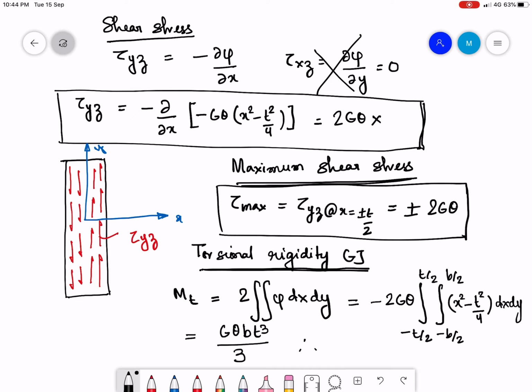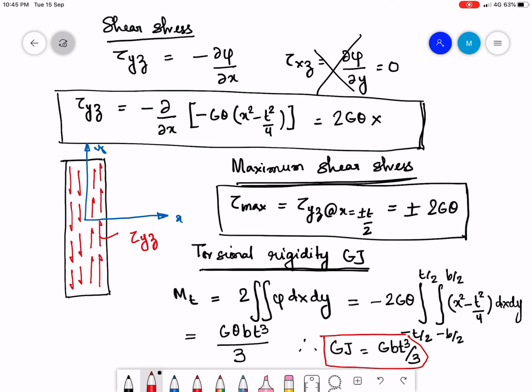Therefore, the torsional rigidity G j is G b t cube by 3, right. So, again this is an approximation of the ideal or exact solution, but again for a narrow enough cross section this is a very good approximation.